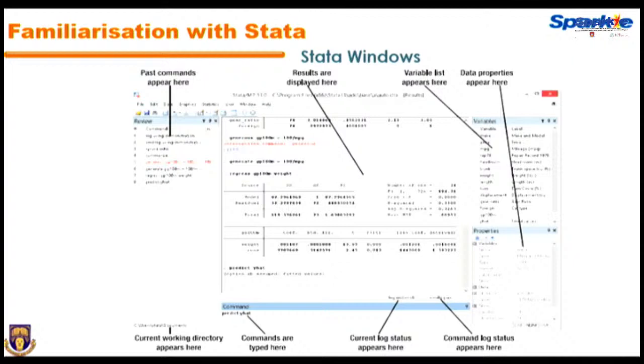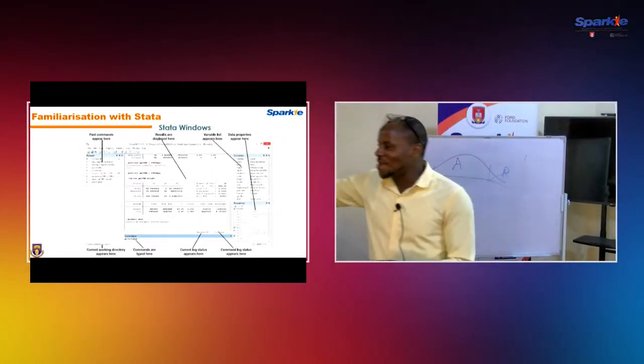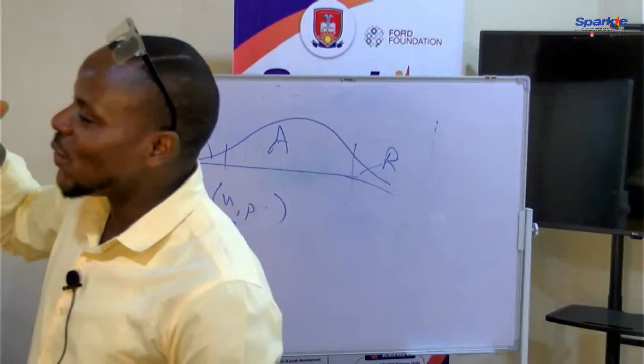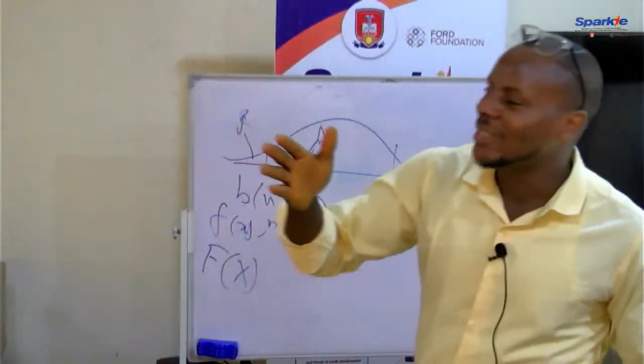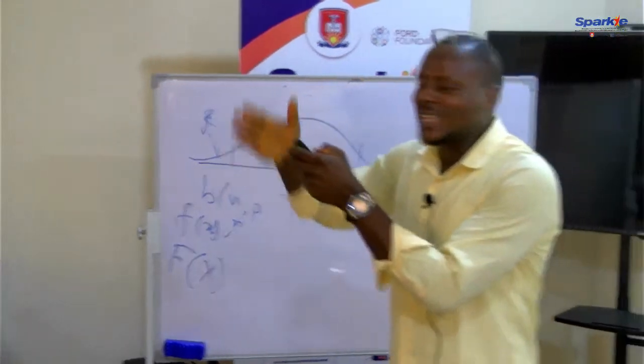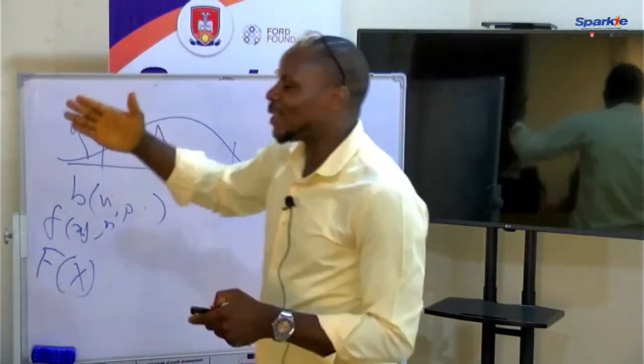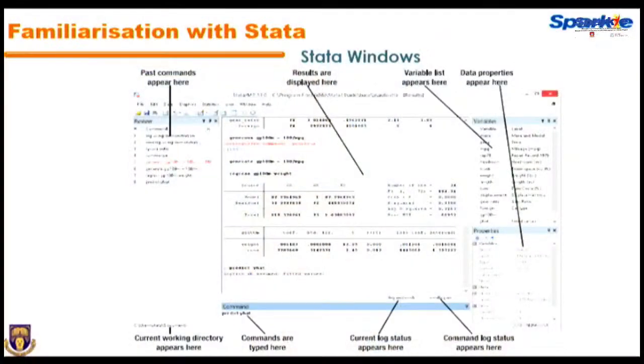Q1, maybe it is called respondent identification number. Are you with me? Q1 is the name of the variable, while the label of that Q1 is the respondent identification number. Respondent identification number is the label, while Q1 is the name of that variable.